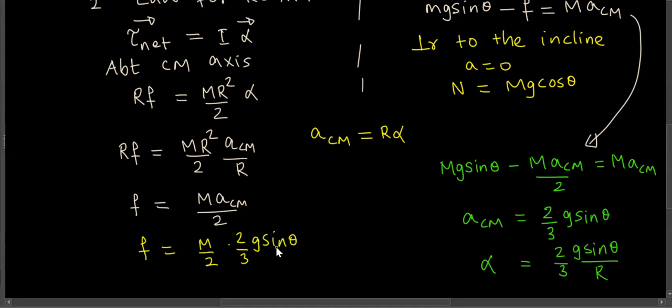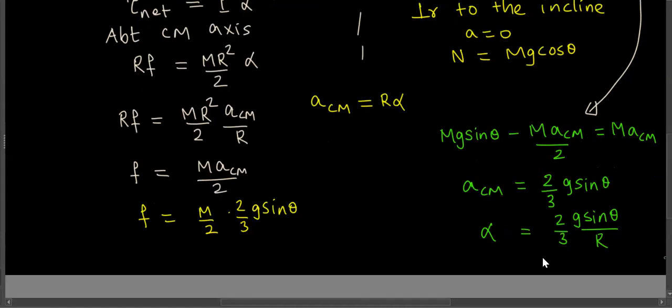So then we have friction force as m by 3 g sine theta. Very nice. Friction force is mg sine theta by 3. So you have this.